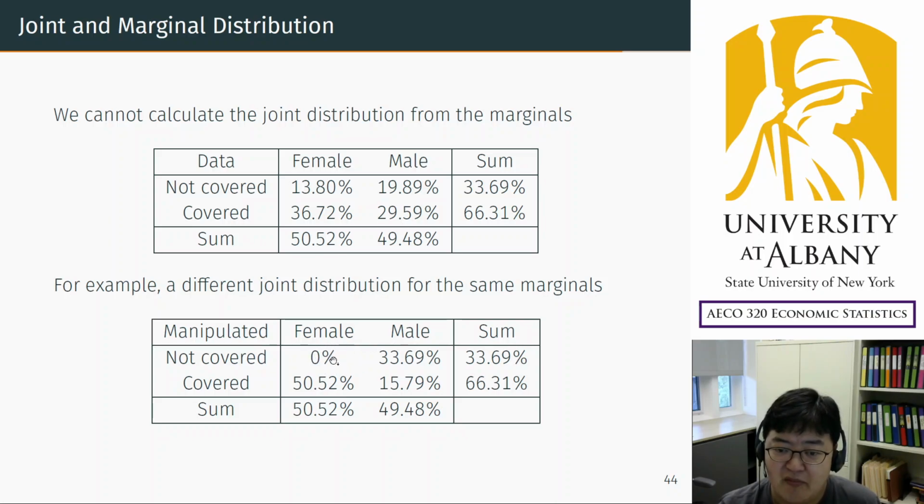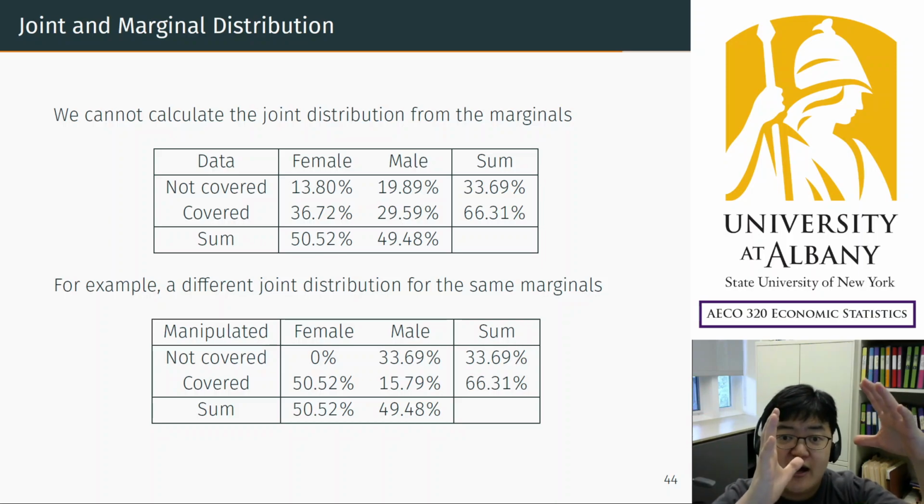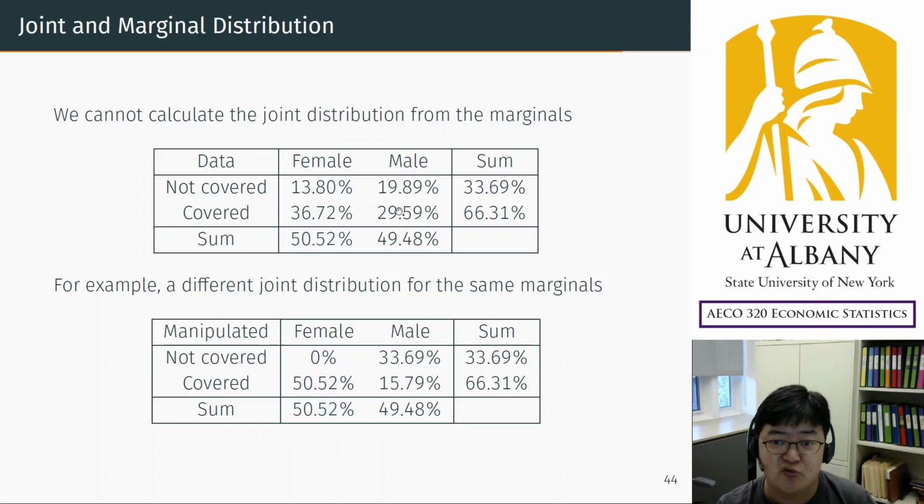Still, there is no problem. You can make up the same marginal distributions using 0 here, and just change the other numbers accordingly. Then you can have the same marginal distributions. So the numbers here are the same, and the numbers here are the same. That means if you observe the marginal distributions, you cannot guess what the truth is.